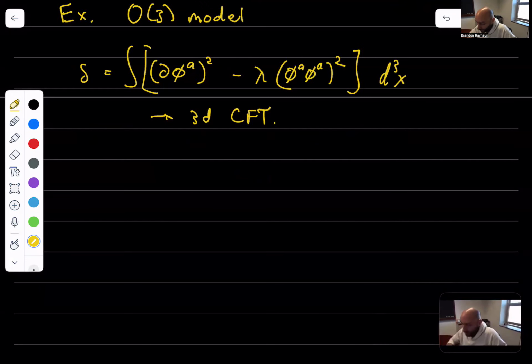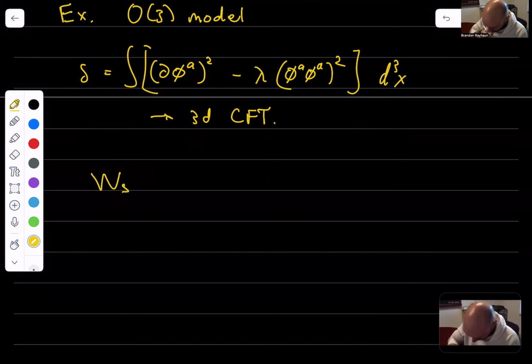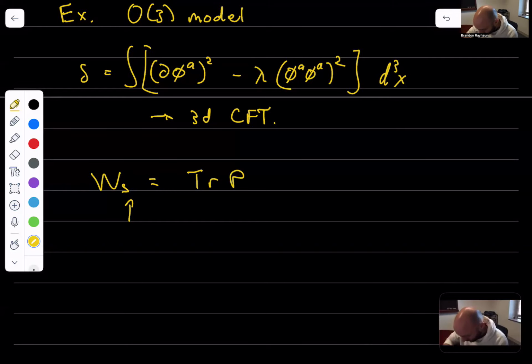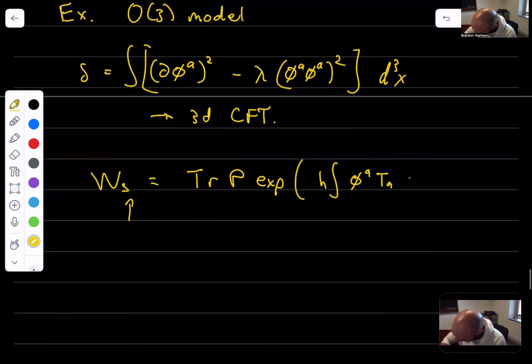The line defects that I want to consider in this model are an analog of Wilson lines in gauge theories. So in particular, for any half-integer spin S, I want to define a line operator that's defined as the trace of the path-ordered exponential of the following thing. Let me be a little bit more clear.